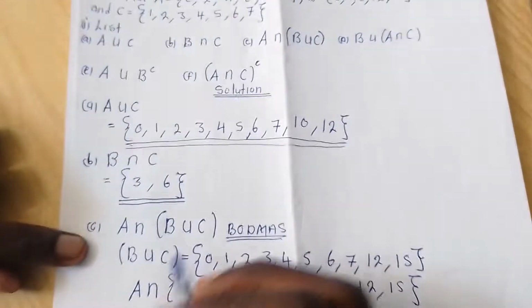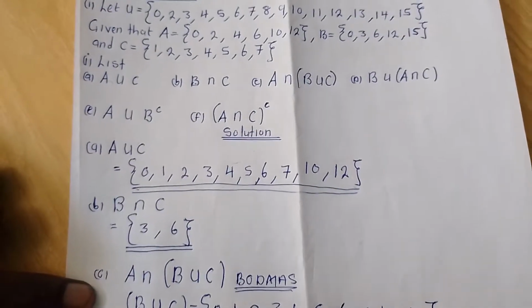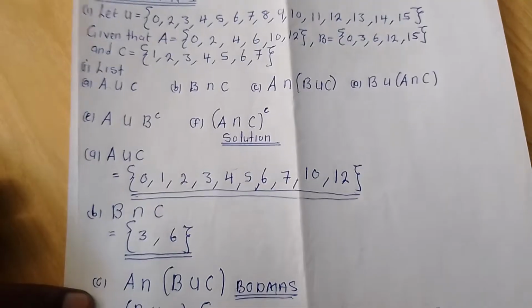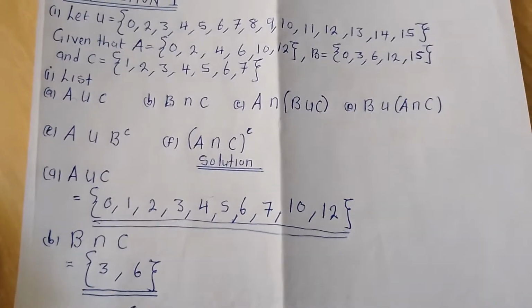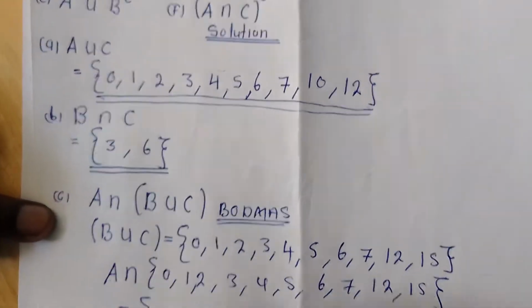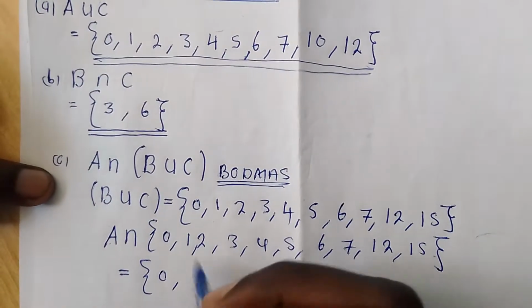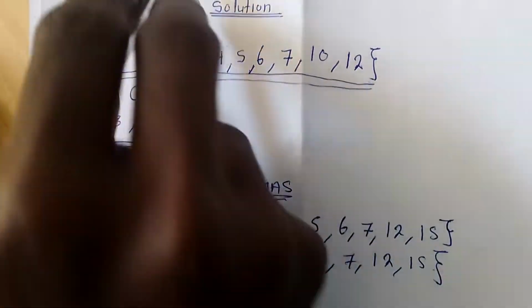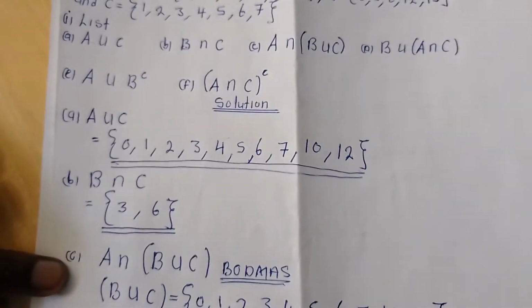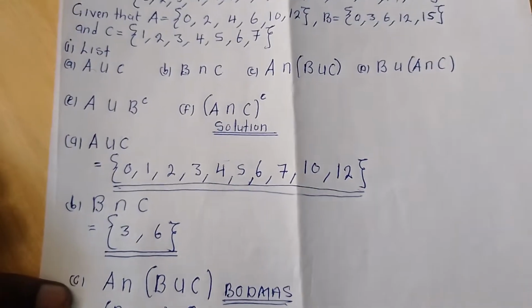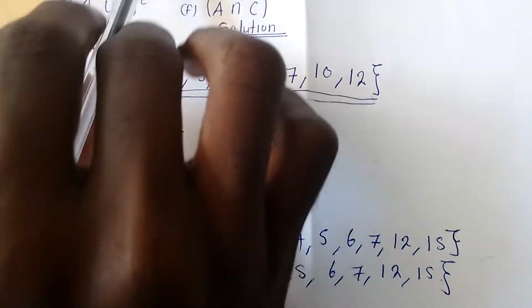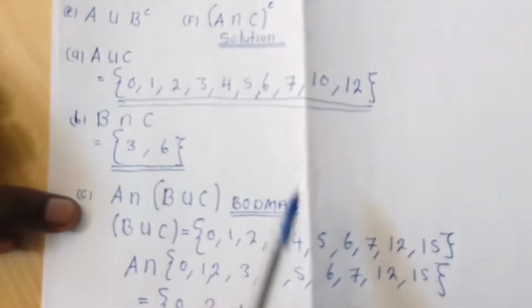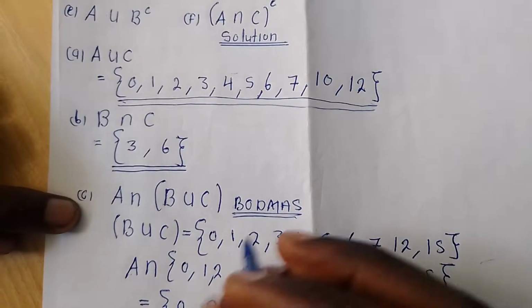Therefore, in A, we have a 0, and in here we have a 0. In A, we have a 2, and even here we have a 2. In A, we have a 4. In here, do we have a 4? Of course, we do. In A, we have a 6. Do we have a 6 in here? Of course, we do.